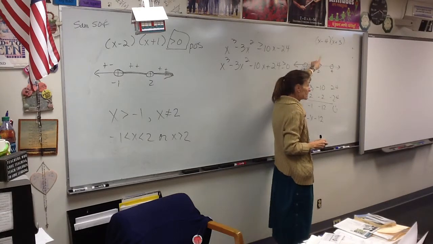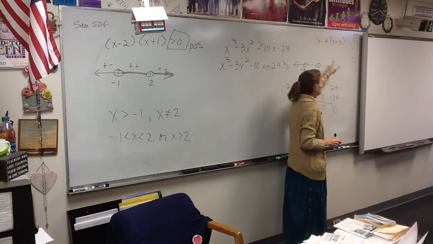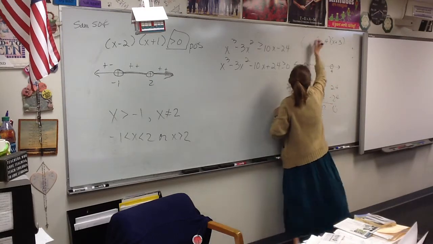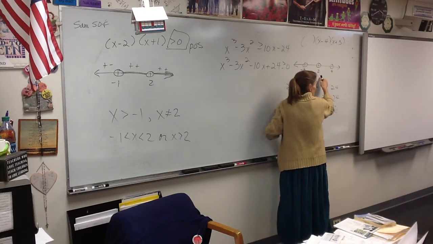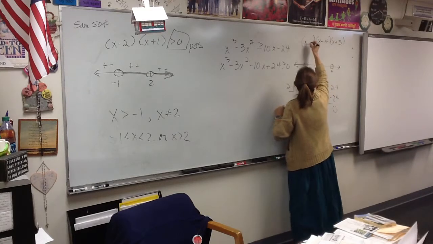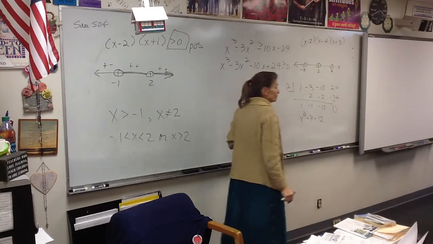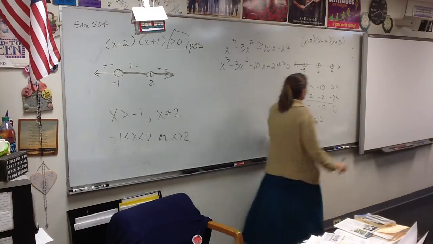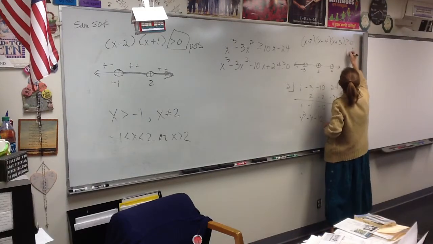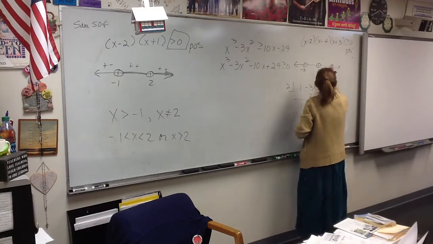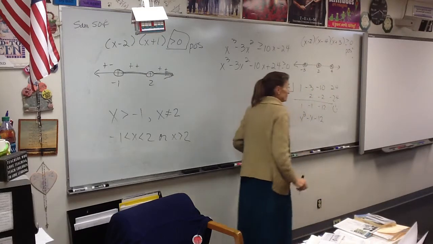But you need 3 parentheses. You have 3 dots. You need 3 parentheses. What's that third parentheses? What's the parentheses for 2? X minus 2. Perfect. And you want that to be bigger than or equal to 0. That's positive. Let's color in these dots.